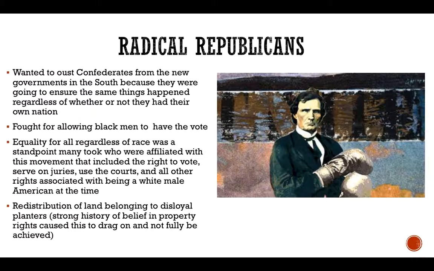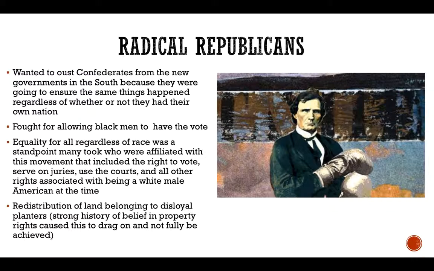So those who were voted into power in the South, who had been there before, were tending towards the same ideas that they had had prior to the South's surrender. Radical Republicans were wanting to ensure that this didn't happen. They were wanting to keep former Confederate politicians from rising up in the ranks again and running into the same problems.